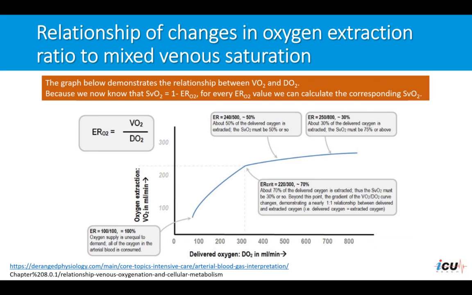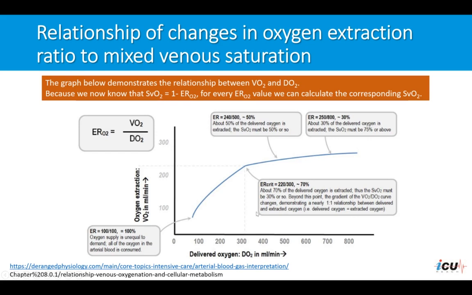There's a relationship, as has been indicated previously, between the oxygen delivery and the oxygen consumption or extraction. This relationship takes close to a straight line initially because too much oxygen is delivered. The tissue will just utilize whatever is needed at the tissue level.